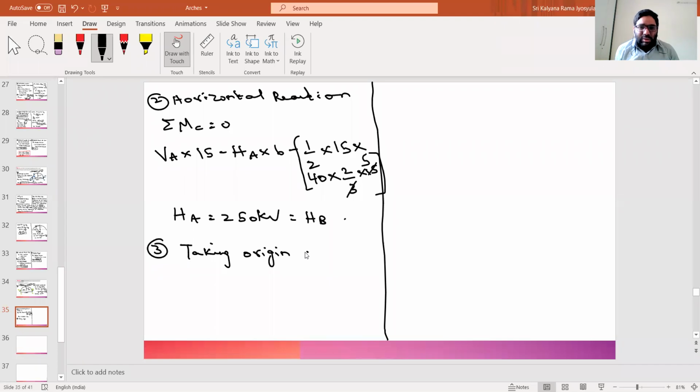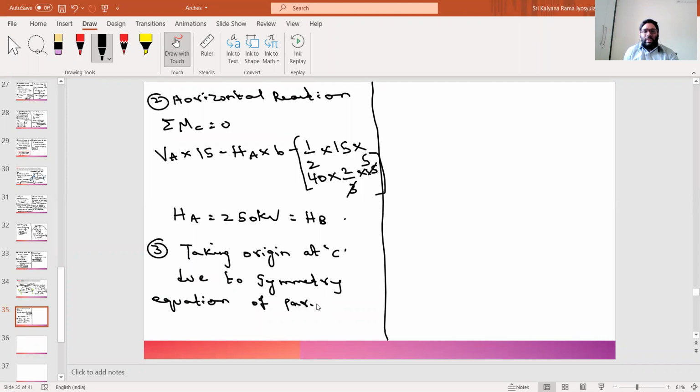Now because of symmetry, taking origin at C, from the center both sides are the same. The equation of parabola for a symmetrical arch is given by x square by y is equal to constant. Again, same basic fundamental expression, x square by y is equal to constant.